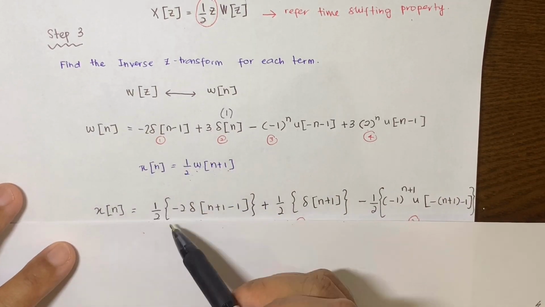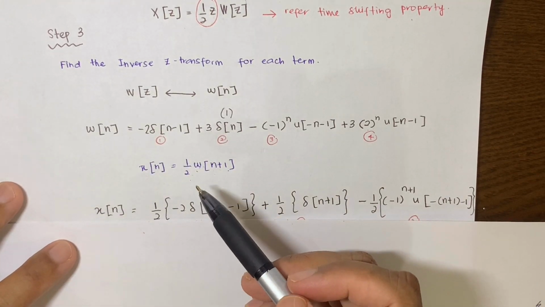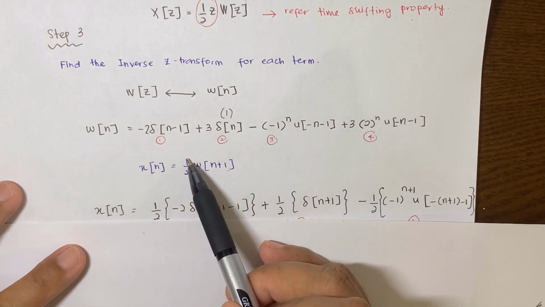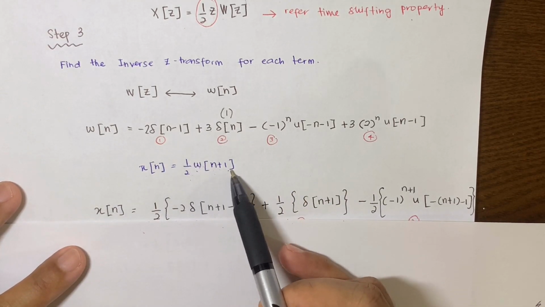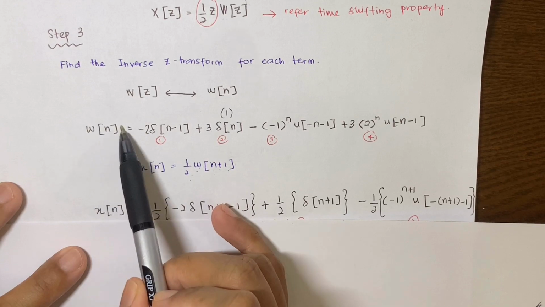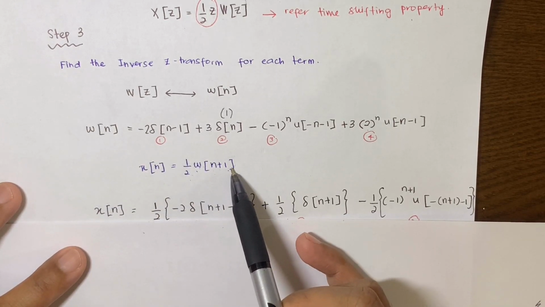Okay, so what do we need to do? 1 over 2 multiplied with w[n plus 1]. This is w[n]. The solution needs w[n plus 1].